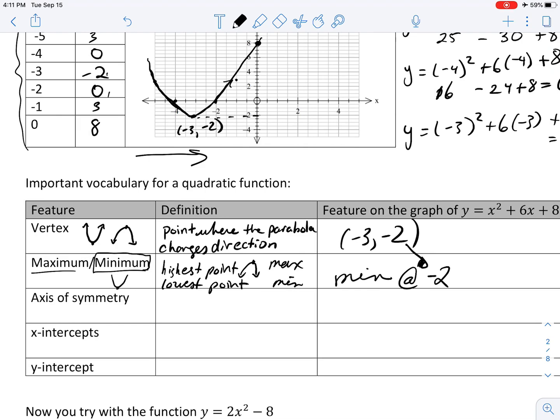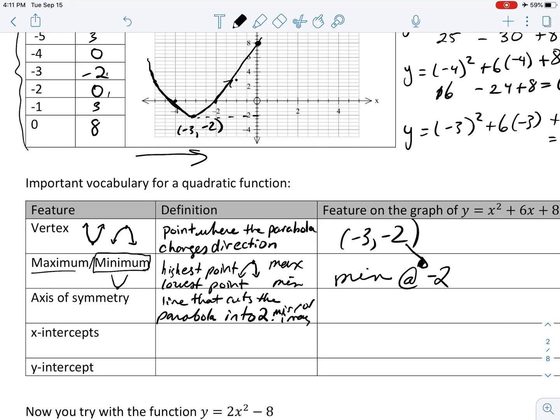The axis of symmetry is a line that cuts the parabola into two mirror images, I guess would be a better way to say that.